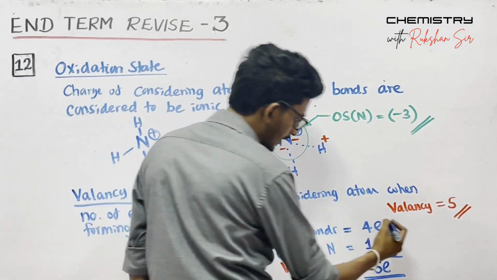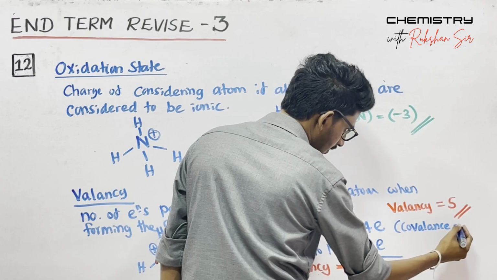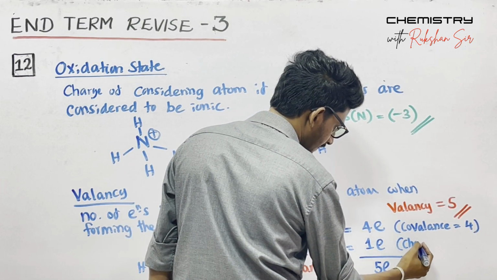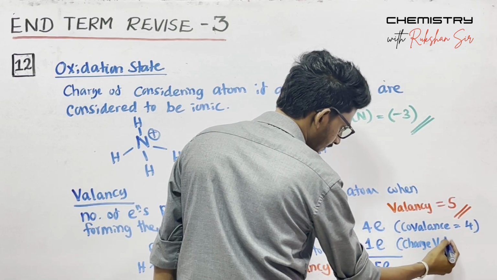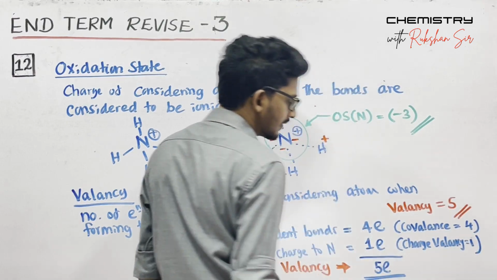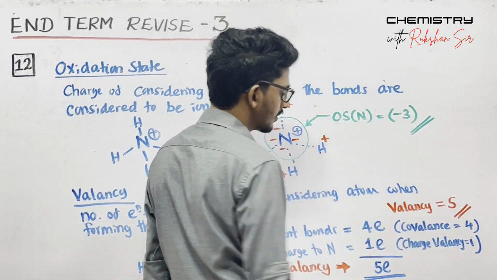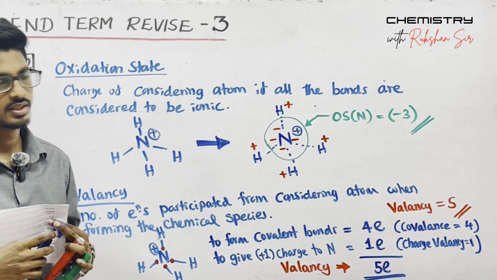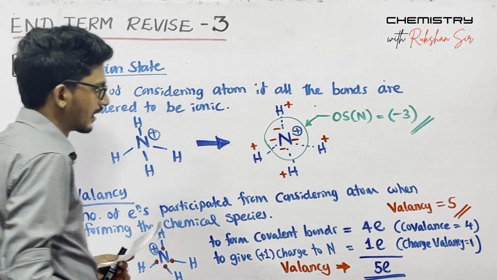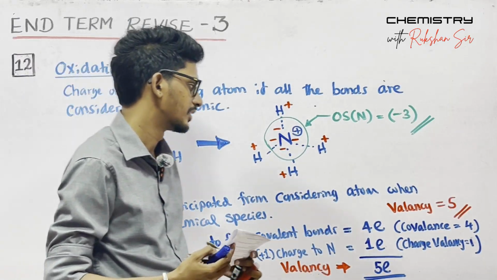Here the covalency is 4, and here the charge valency is 1. That is how the total valency becomes 5. So when considering ammonia, your oxidation state is -3 and the valency is just 5.